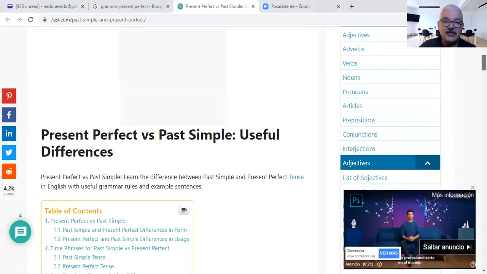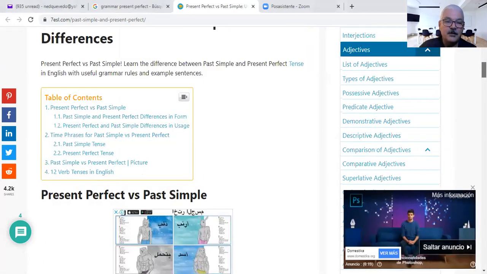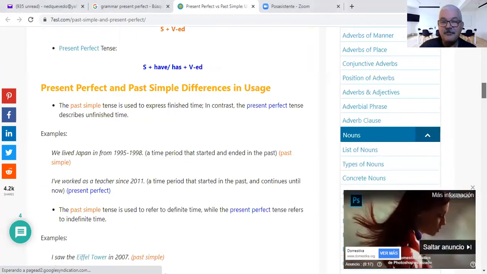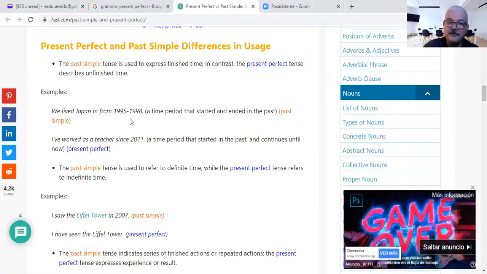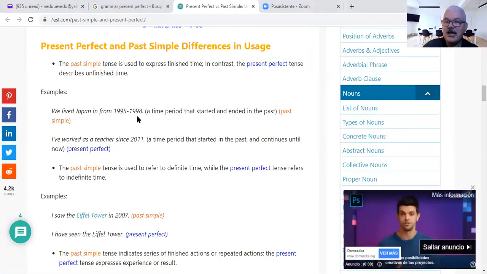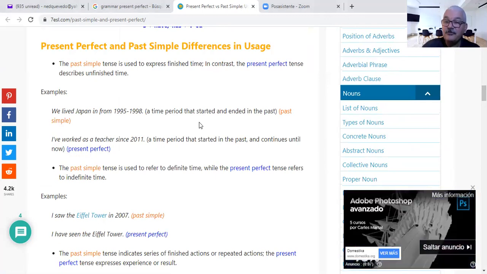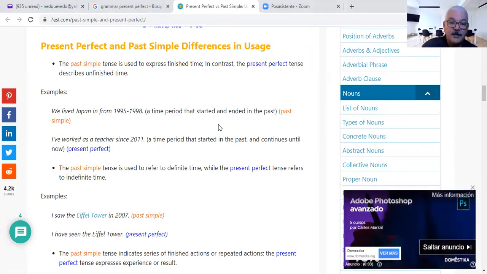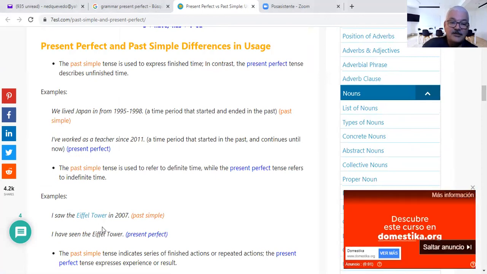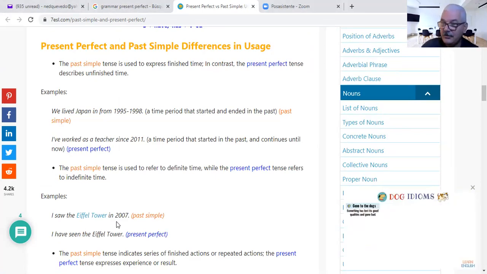And here you can see some examples, okay? We lived in Japan from 1995 to 1998, a period of time that started and ended in the past, okay? I saw the Eiffel Tower in 2007.